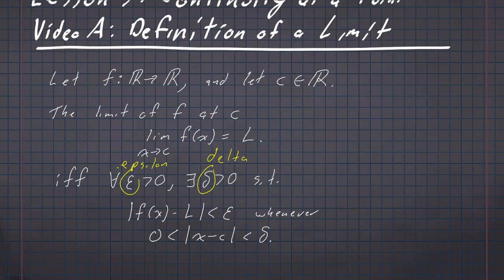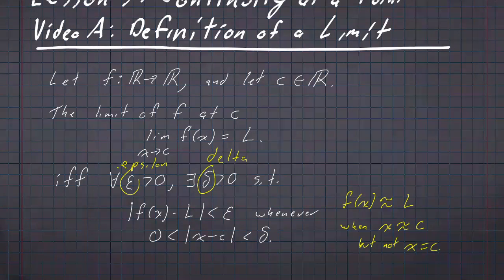What we are really trying to say here is that f of x is close to, is approximately equal to L whenever x is approximately equal to, close to C. But with this extra 0 on the left-hand side, we want x not exactly C, right?